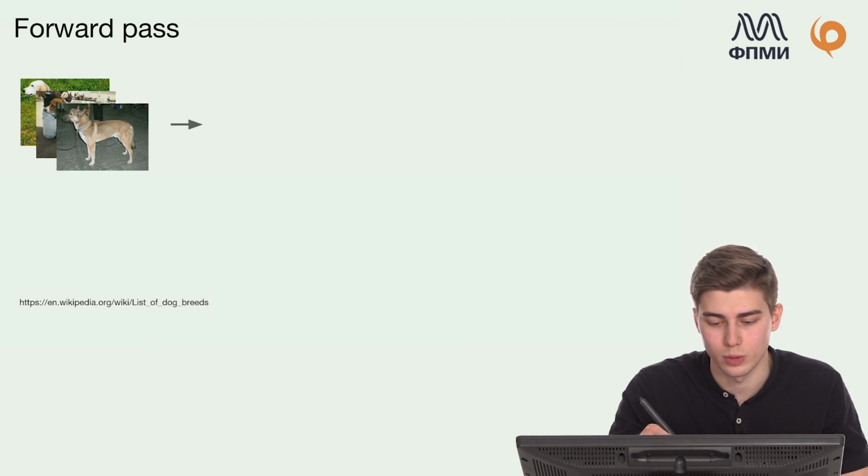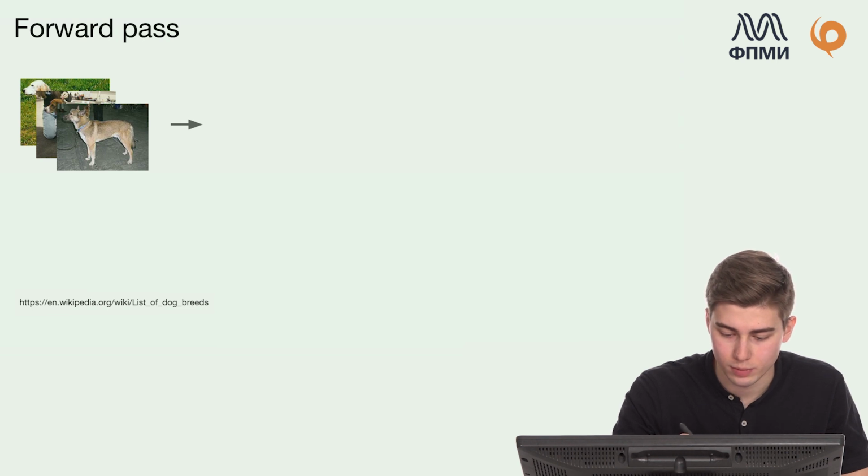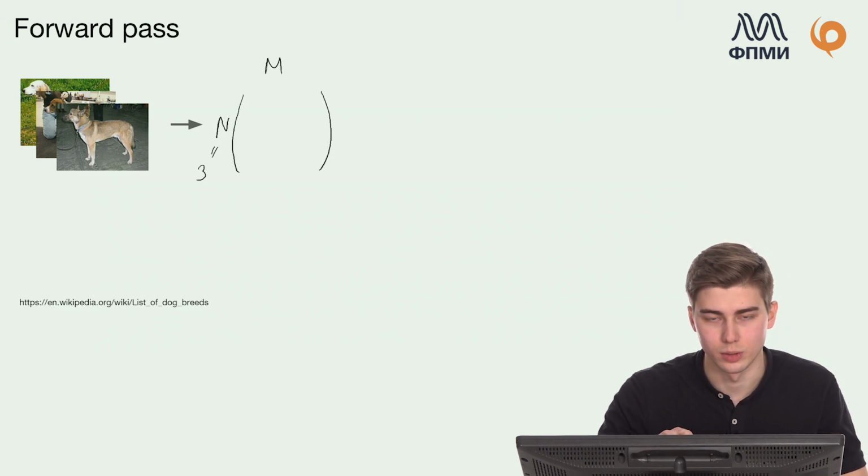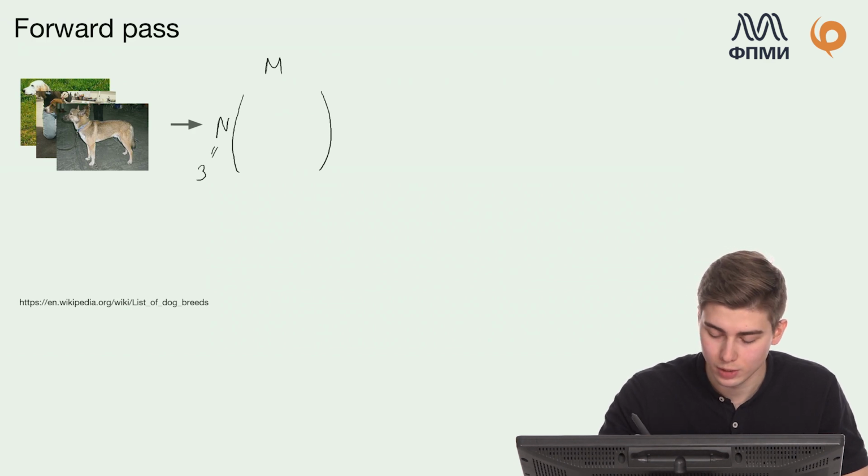So let's have a look at the full forward pass procedure. This is the process when we apply all the transformations in our multi-layered perceptron to the input matrix. So we have the matrix n, which equals 3 in that case, by m. So it's the unrolled pixels of each image.